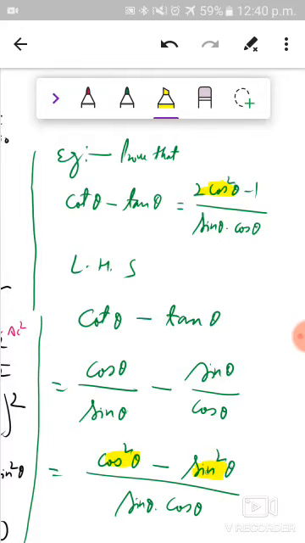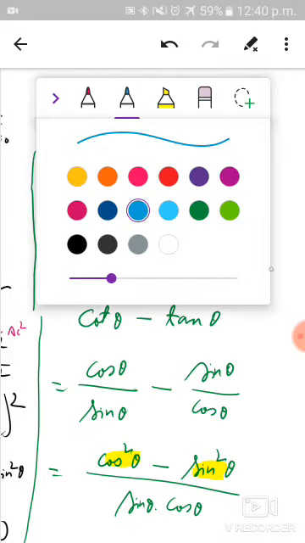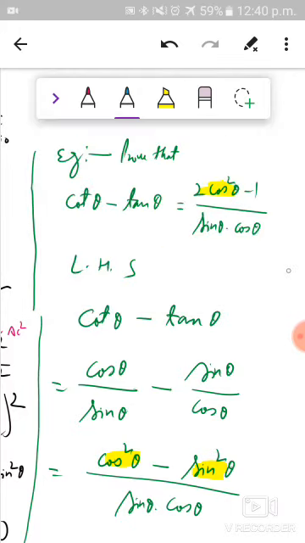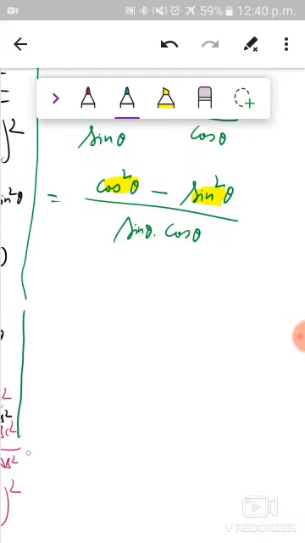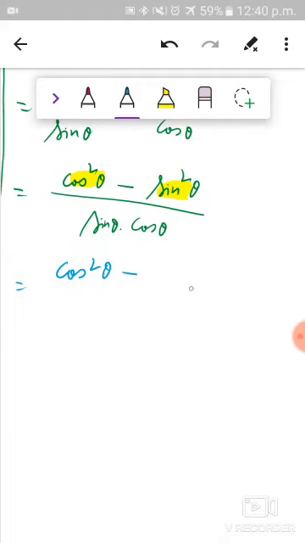We don't need sin square theta, so we will change sin square theta into cos. How are we going to do it? Cos square theta we write as it is, minus sin square theta, which we can write as 1 minus cos square theta. How?